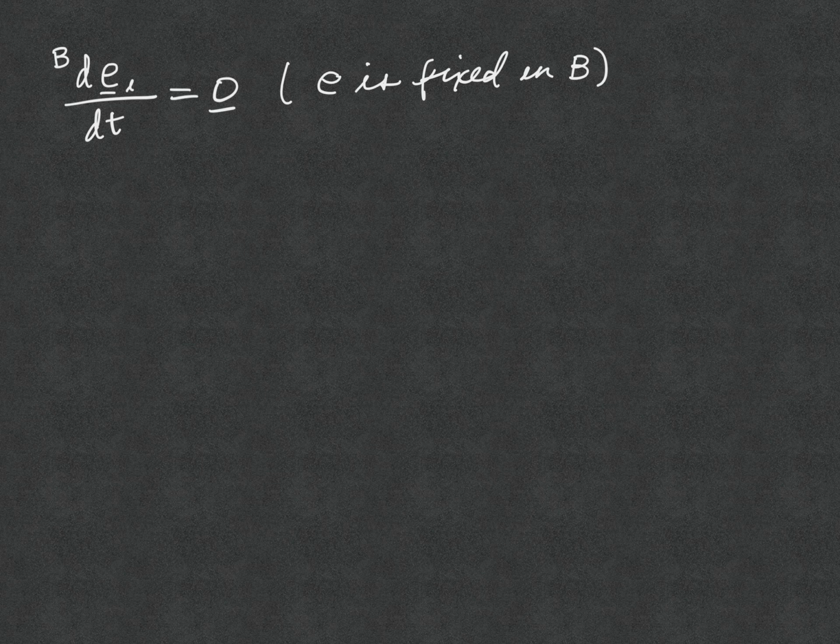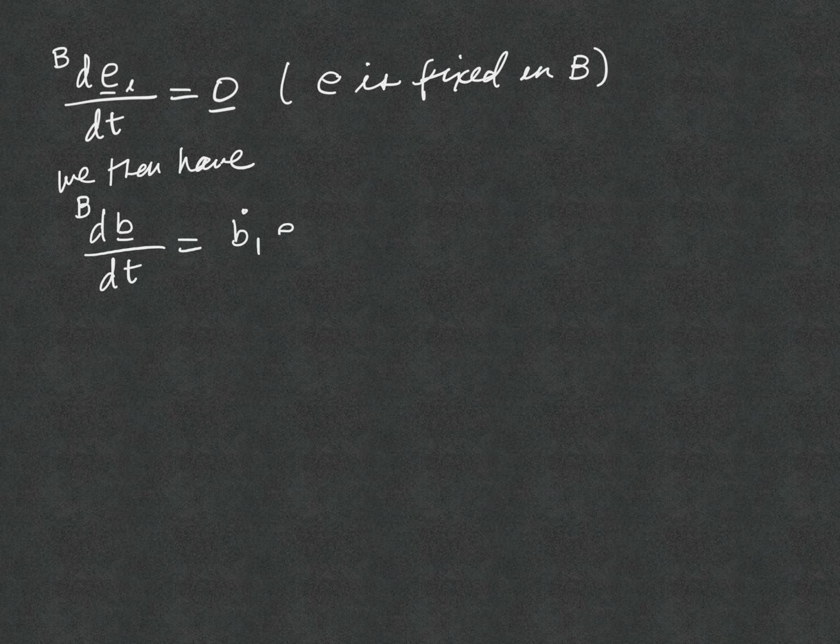So we then have that dB/dt in B is equal to B1 dot E1 plus B2 dot E2 plus B3 dot E3.